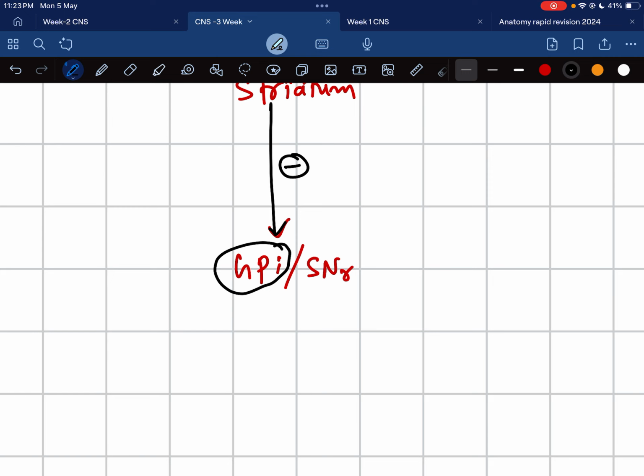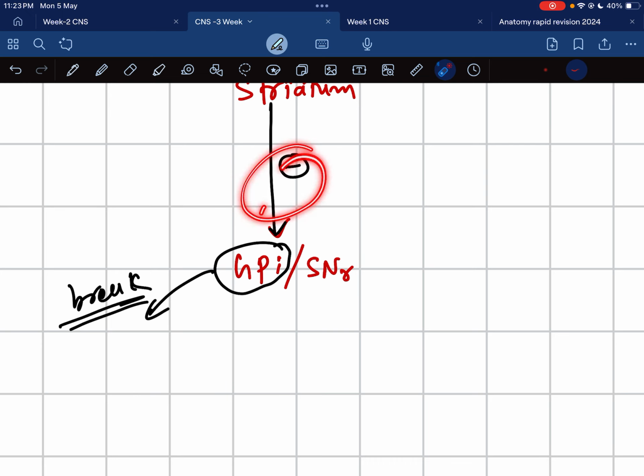So this globus pallidus internus works as a brake. When it's inhibited, the brake is off.